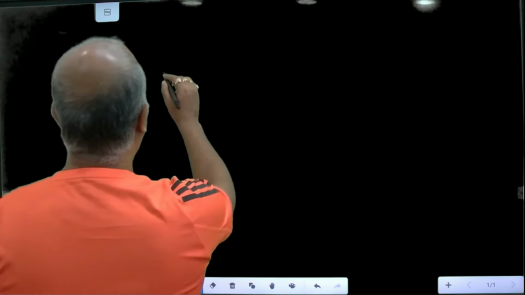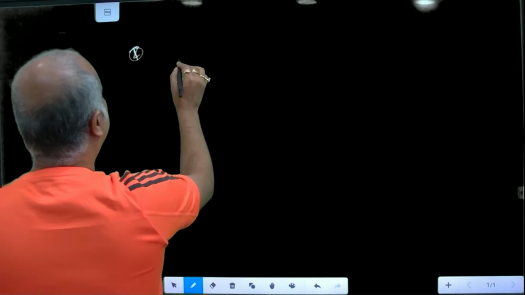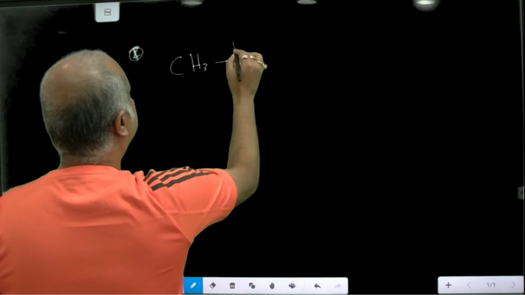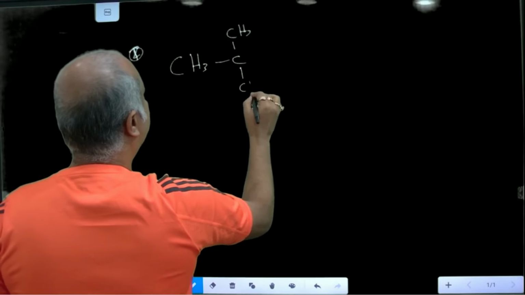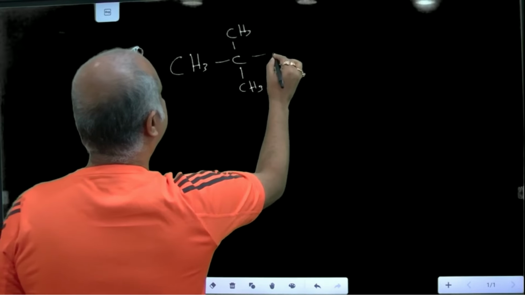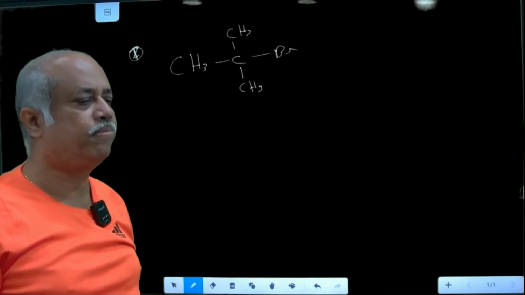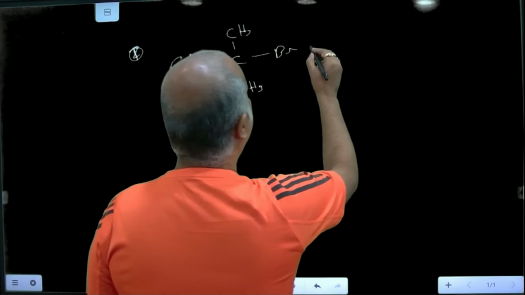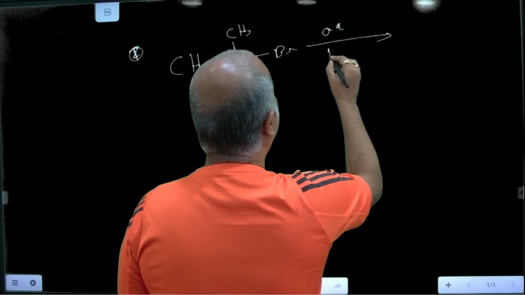I will give various examples. First one is tertiary butyl bromide. It will take aqueous KOH.